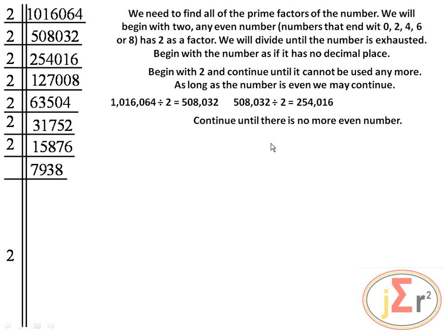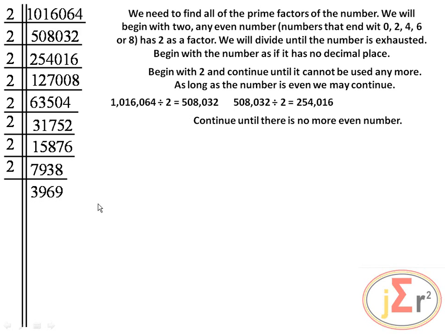Continue dividing by 2. And we have 3, 9, 6, 9. The number does not end with an even number. 2 cannot go directly into this without leaving a remainder. But we are sure that 3 can go into it because 3 can go into this, 3 into this, 3 into this, and 3 into that.